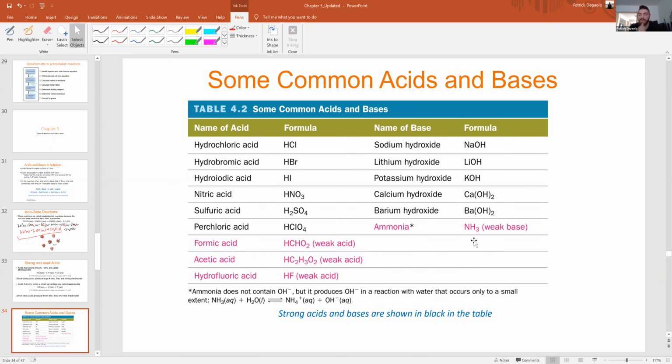The reason is because it produces OH minus when it's in solution, and they put that asterisk to tell us that if you put ammonia in water, the ammonia acts as a base, it gains a hydrogen, becomes ammonium, and then your remainder, because it took a hydrogen from water, is OH minus. So in essence, it produces a basic solution. It itself isn't basic, but it produces a basic solution. Therefore, we consider it a base.